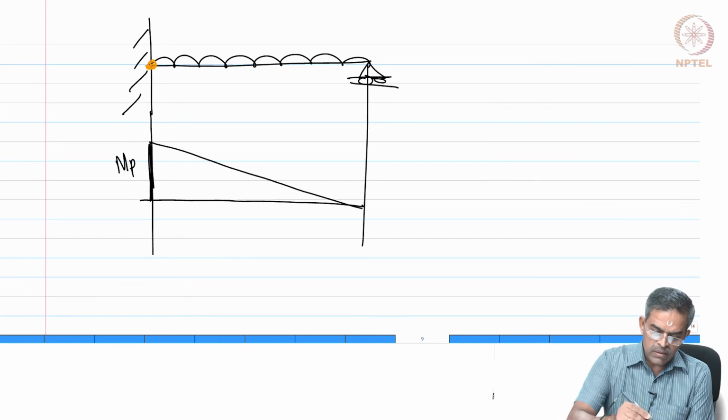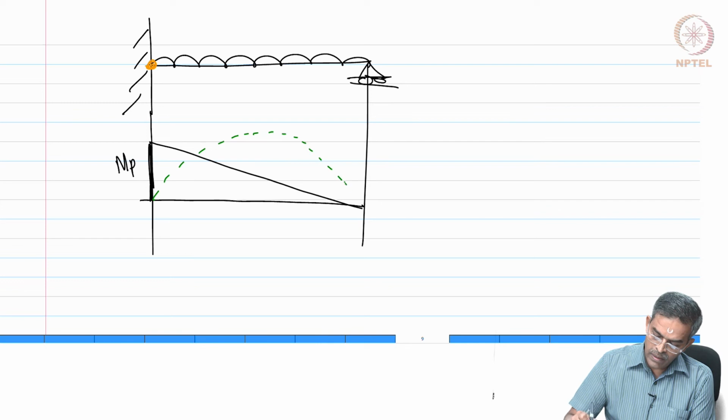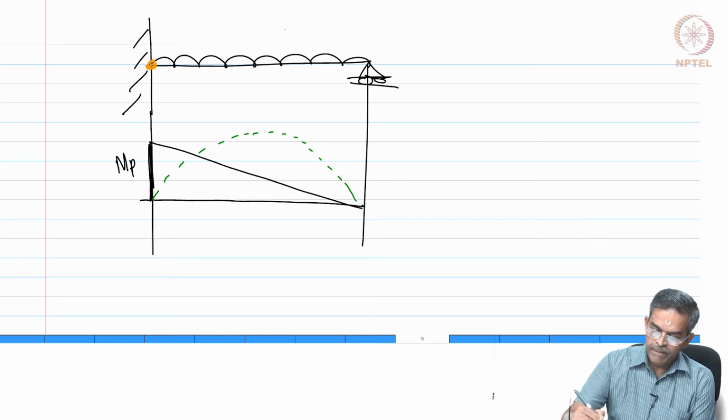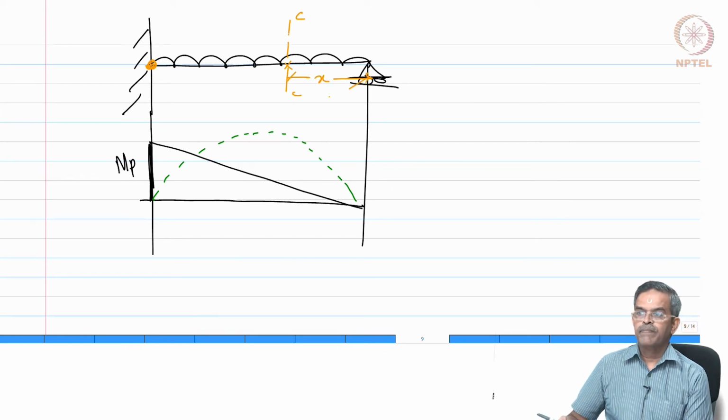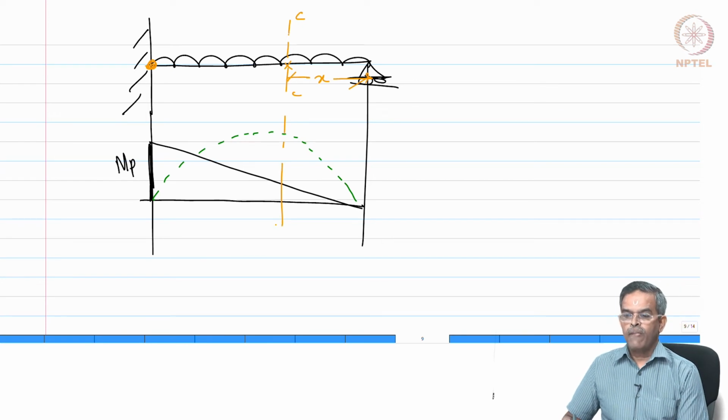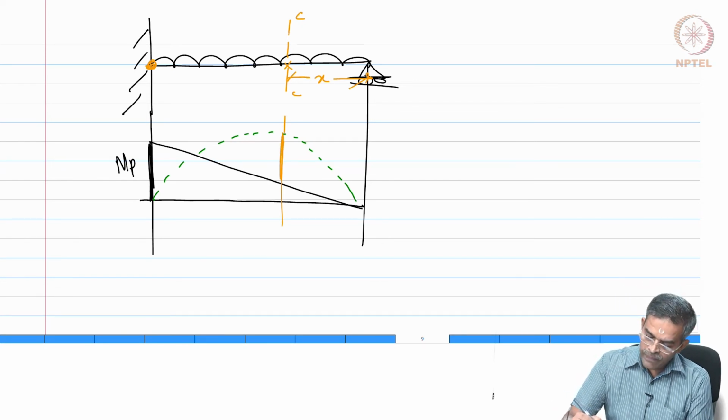So, let us say the other diagram is here. So, the section is going to be CC, which is a distance x from here, okay, and there also the net diagram is going to be Mp.